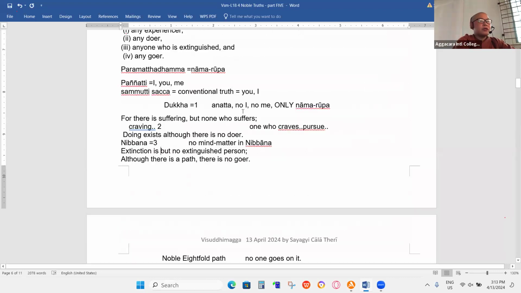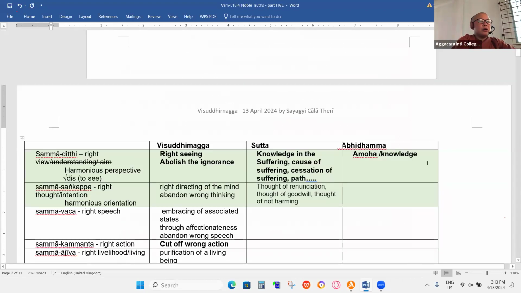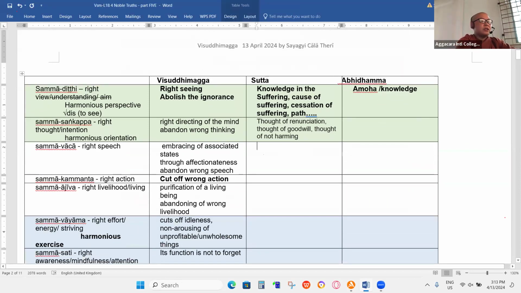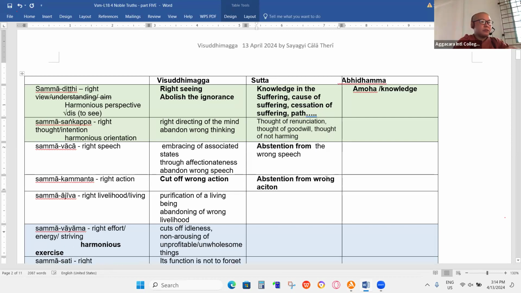So even though it looks like a lot, if you can just remember that it is an extension against the wrong speech, wrong action.